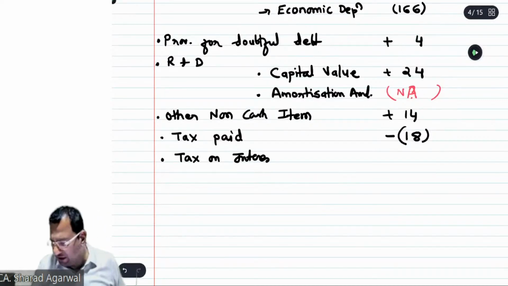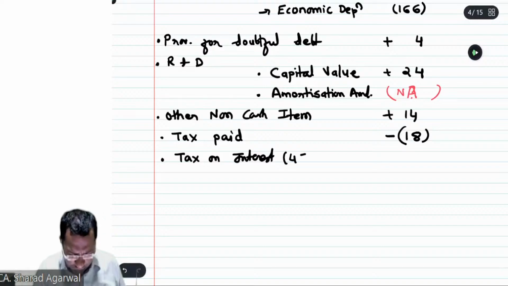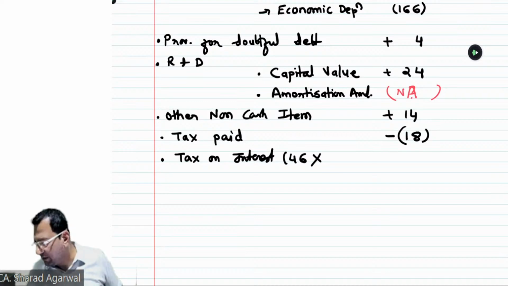Check the main statement, beta. What is the finance charge? 46 crore. What is the tax rate? Tax rate has been given to you in point number... Where has the tax rate been given, beta? Here the tax rate has been given. Can you please help me out?